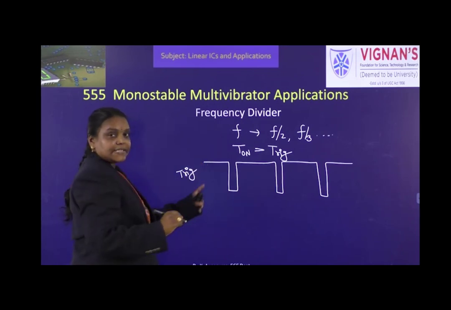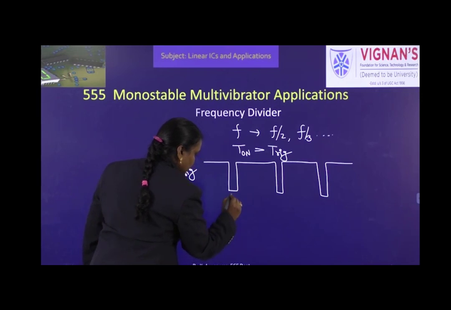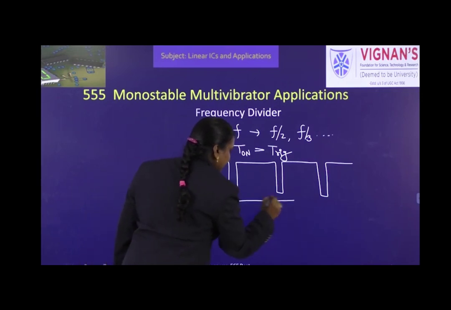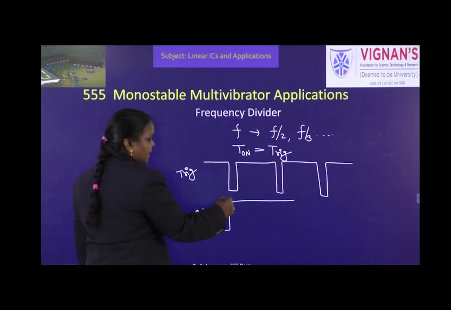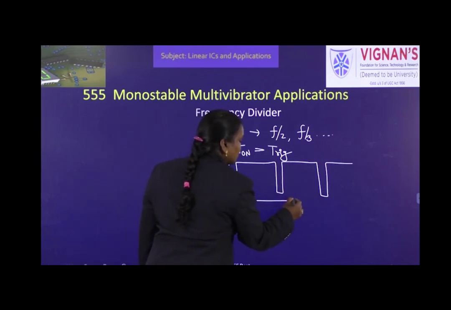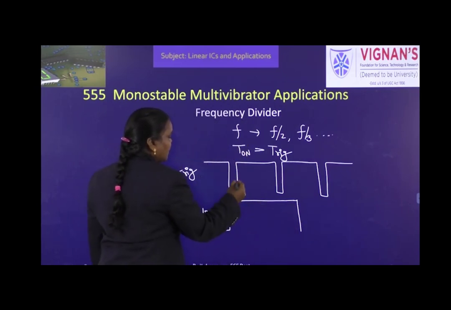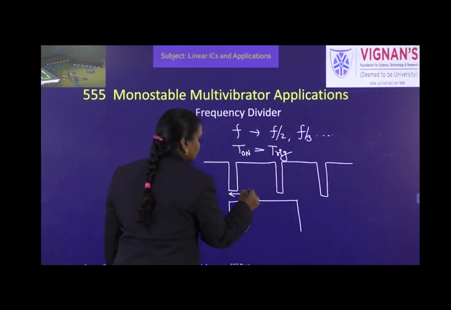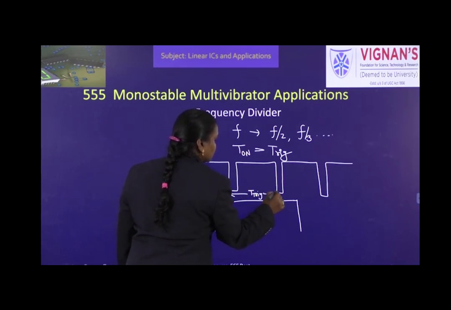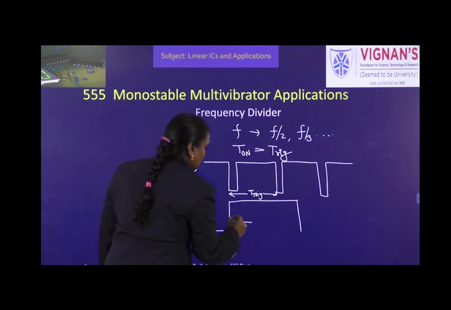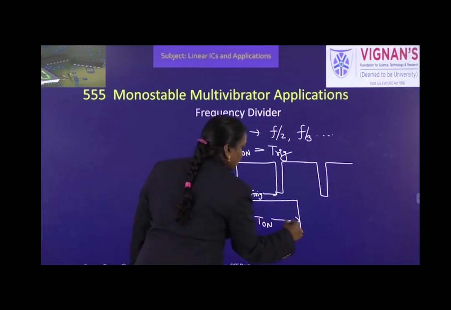Whenever it receives the first trigger pulse, the output goes high. But its on period is greater than the trigger period. Suppose this is the on period, the trigger period is this, and this is the on period of the multivibrator.